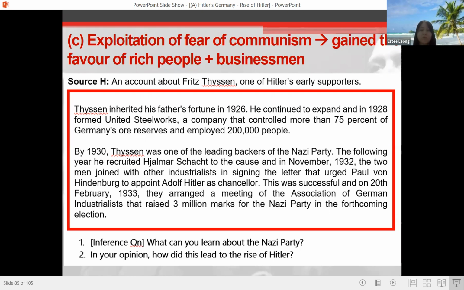So of course, the rich people and the businessmen are going to move towards the Nazi Party instead, which is very firmly anti-communist. So Fritz Thyssen is one example of how people were influenced by what the Nazi Party said about communism, and they moved towards supporting him instead.